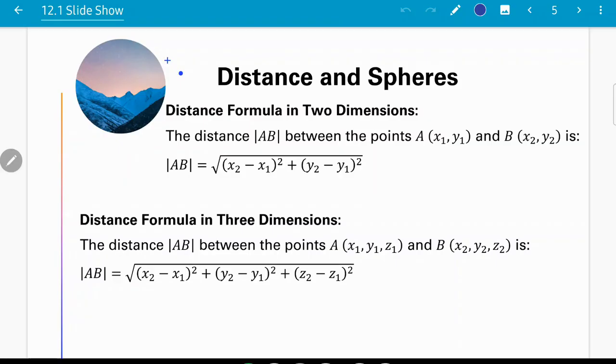The familiar formula for the distance between two points in a plane, we know from geometry, is the square root of x2 minus x1 quantity squared plus y2 minus y1 quantity squared. We can extend this to 3 dimensions very easily by adding the difference of the z-coordinates quantity squared.